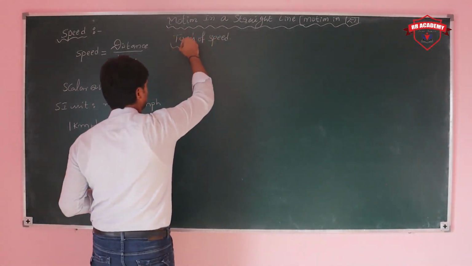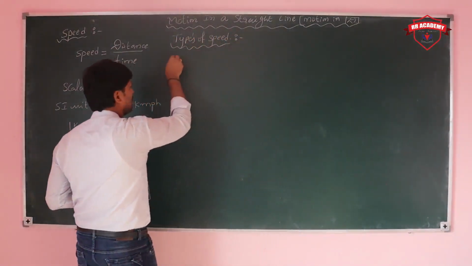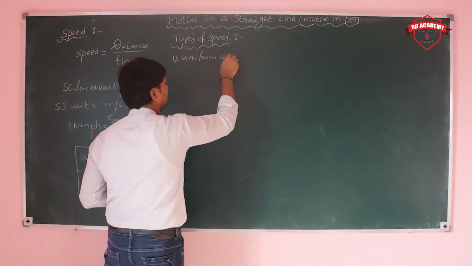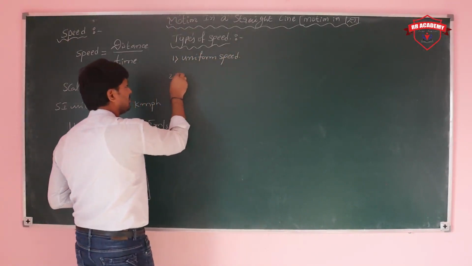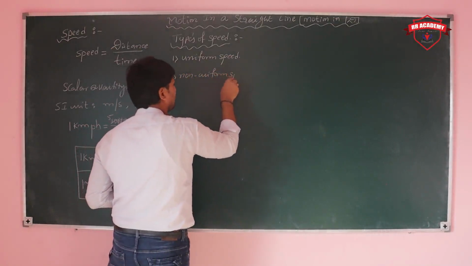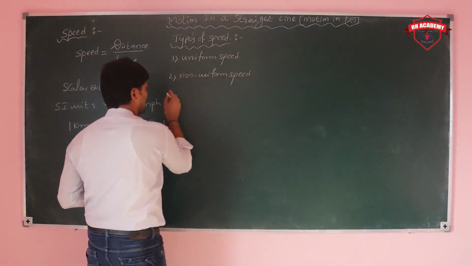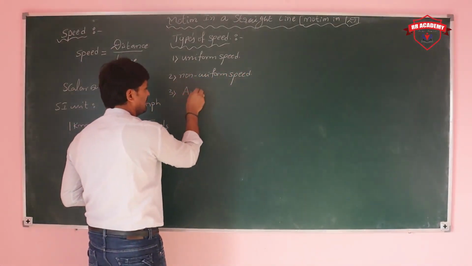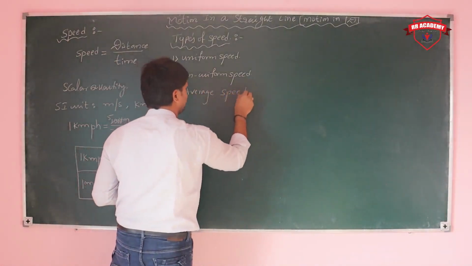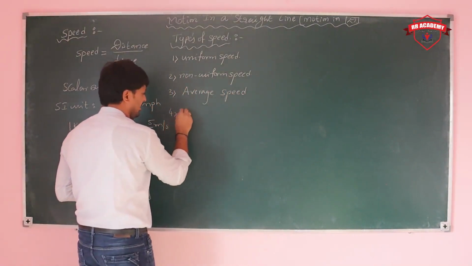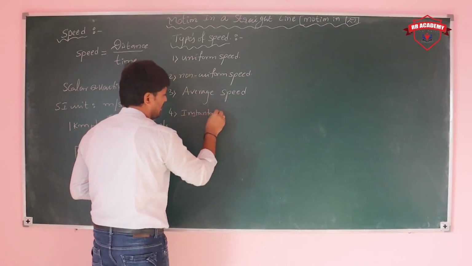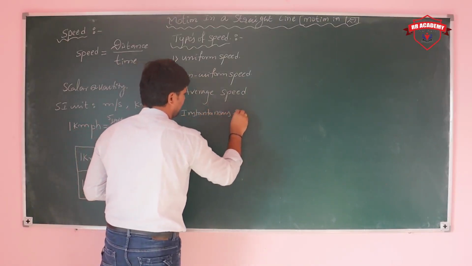First we have uniform speed, next non-uniform speed, then average speed and instantaneous speed.